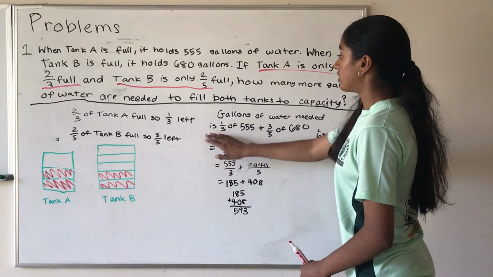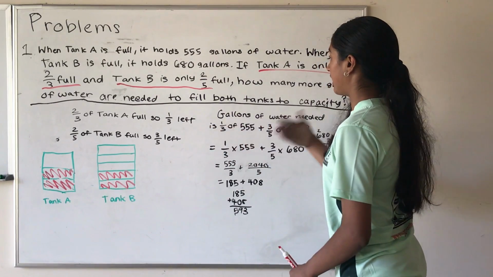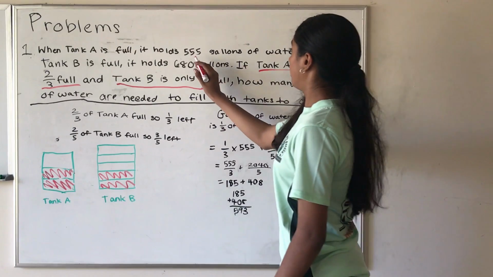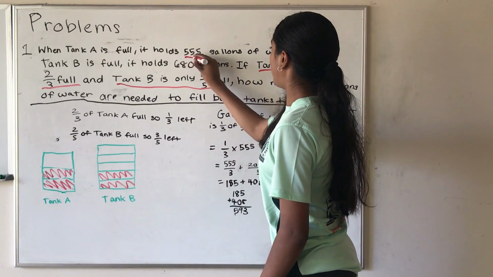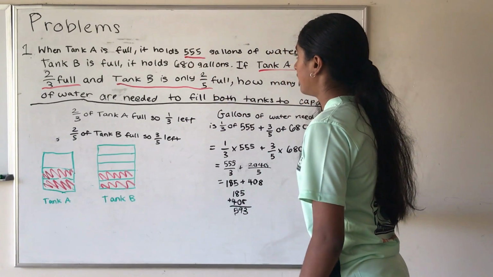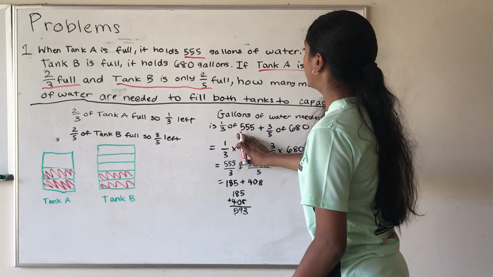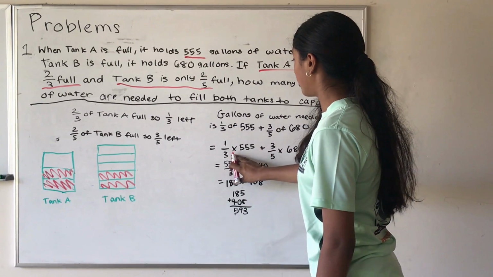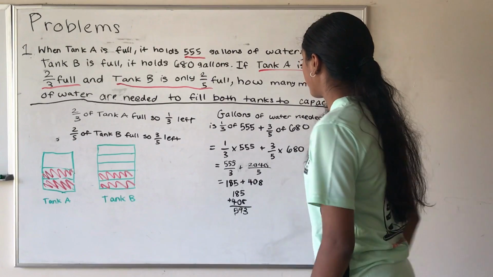So since we know 1/3 of tank A is empty and tank A holds 555 gallons, 1/3 of 555 would be 1/3 times 555.